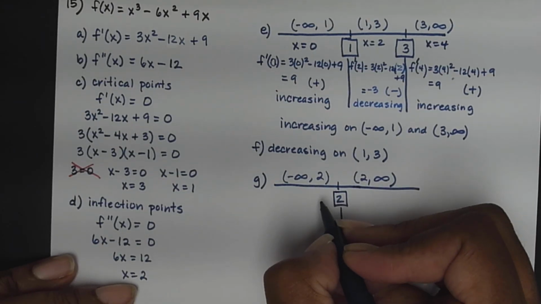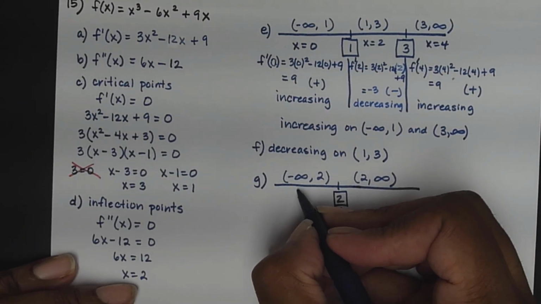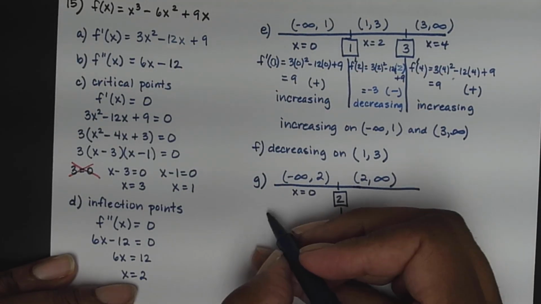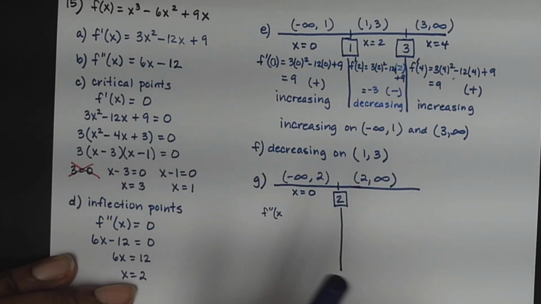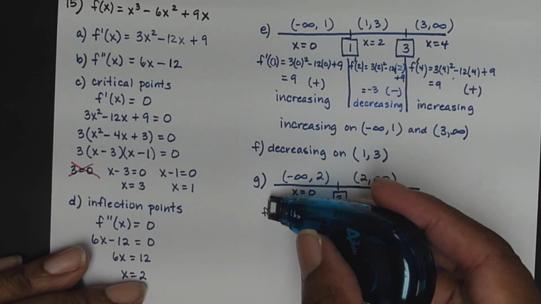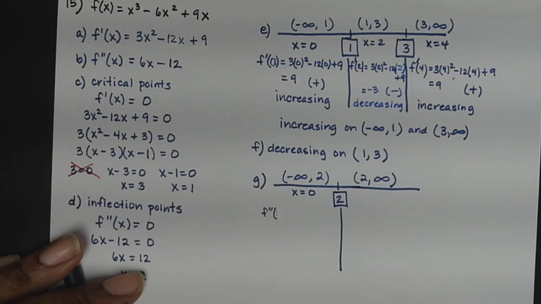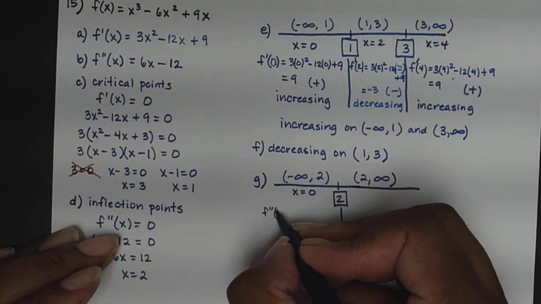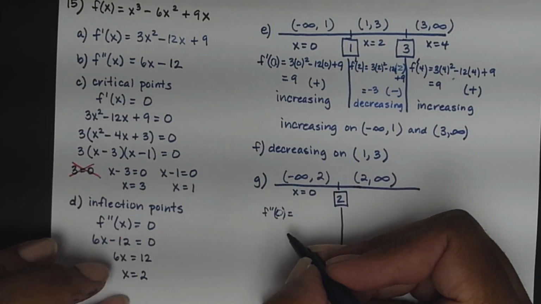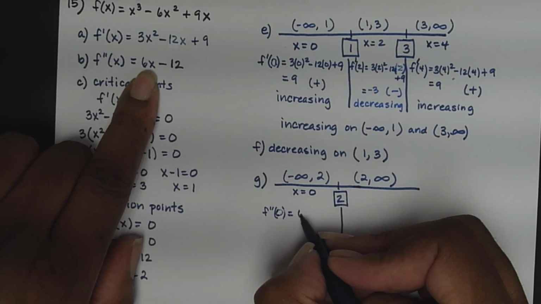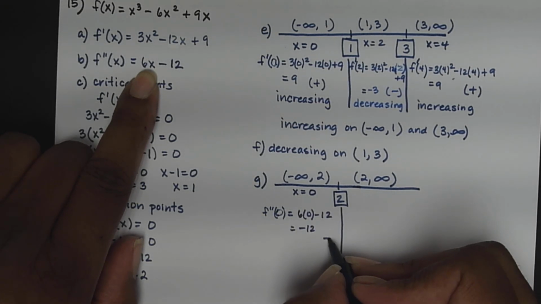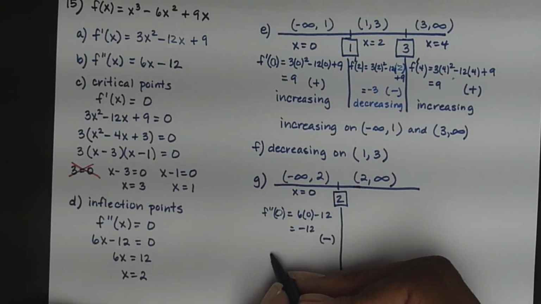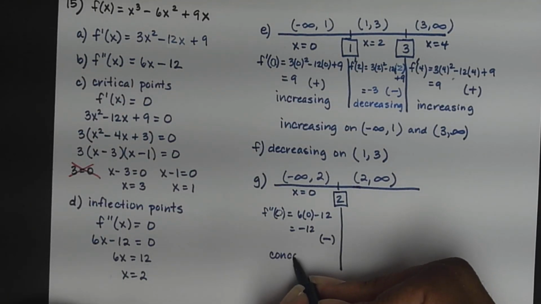So from negative infinity up to 2, I'm using x equals 0. So f double prime of 0, I should say, would be 6 times 0 minus 12. Ends up being negative 12. So that's negative, meaning that the graph of that function would be concave down.